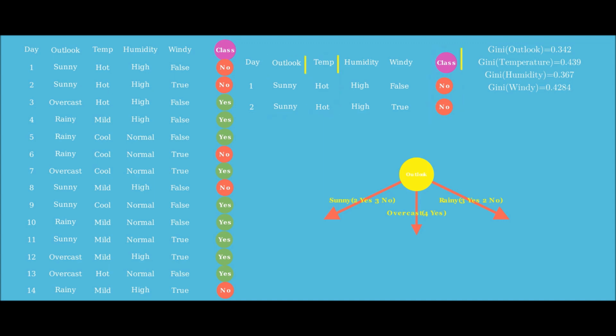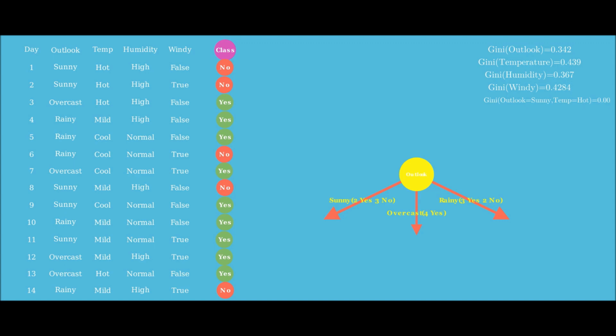For the two instances of sunny, temperature hot has two instances and both are no's. So in this case the Gini index would be 0.